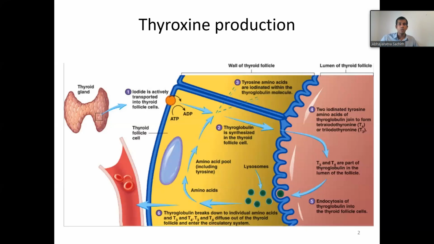First, the iodide is transported into the follicular cells by an iodide co-transporter, and then iodide is turned into iodine by an important enzyme. Can you remember the name? What is that important enzyme? Anyone? Which is involved in the oxidation process?